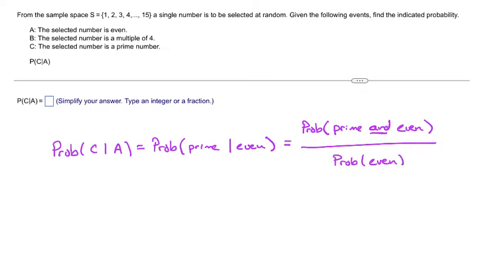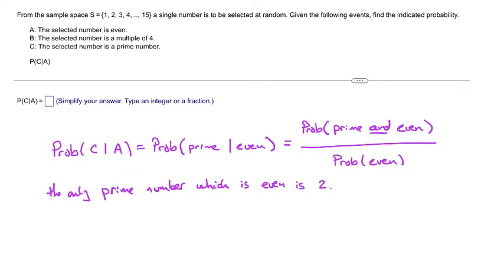Well, in that space, 1, 2, 3, up to 15, there is only one prime number that is even. And so the only prime number which is even is 2.